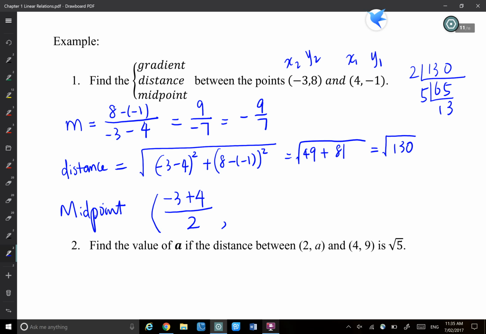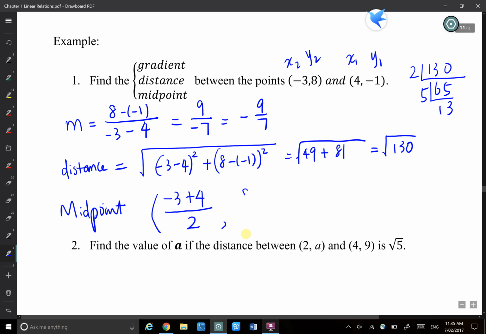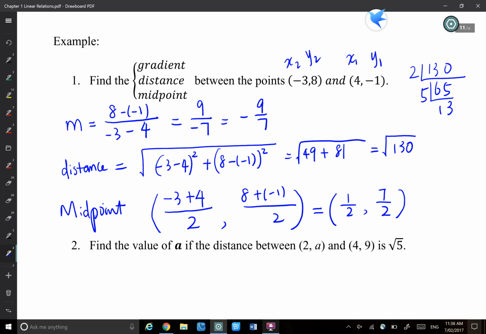You add x and x, and you add y and y, so it's 8 and negative 1, over 2. That gives you a half for x and 7 over 2 for y. So the midpoint will be a half and 7 over 2. That's the coordinates of the midpoint.